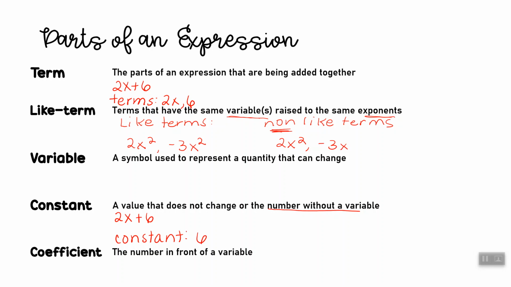It's always just 6. And then coefficient is the number in front of the variable. So if I have, for example, 2x, the 2 is the coefficient. It's the number being multiplied by the variable, okay? 2 and x up here are being multiplied together, but again, the 2 is what we call the coefficient. It's that number in front.